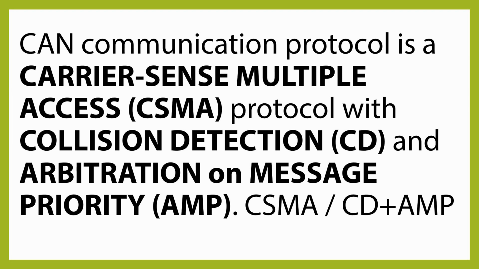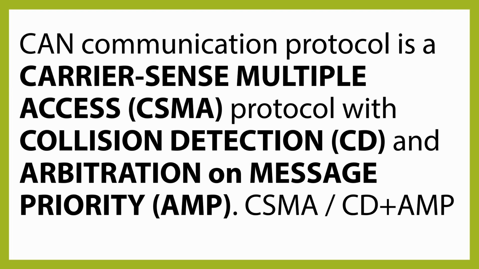Like what I have explained earlier, in theoretical technical terms I have written over here: the CAN communication protocol is a carrier sense multiple access (CSMA) protocol with collision detection (CD) and arbitration on message priority (AMP).